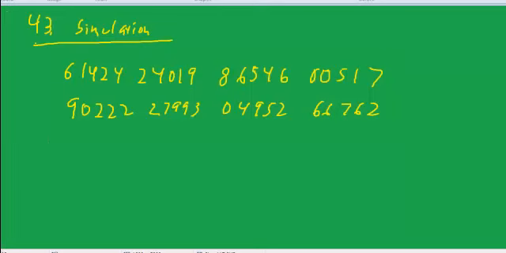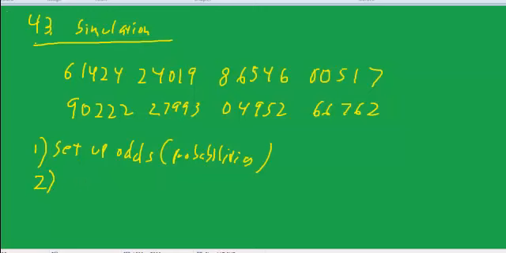Okay, so the steps in doing a simulation are: one, you set up the odds, or the probabilities. Then two, you assign random numbers, or number ranges, to get those probabilities.